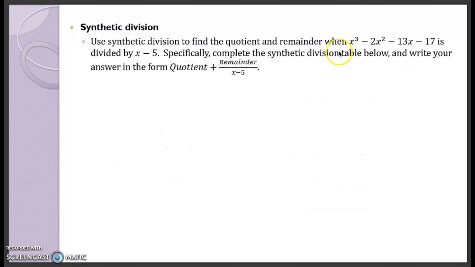We're asked to divide x cubed minus 2x squared minus 13x minus 7 by x minus 5. So what's that going to look like?